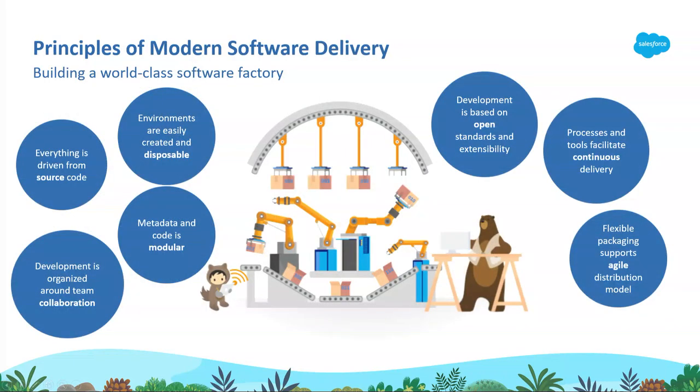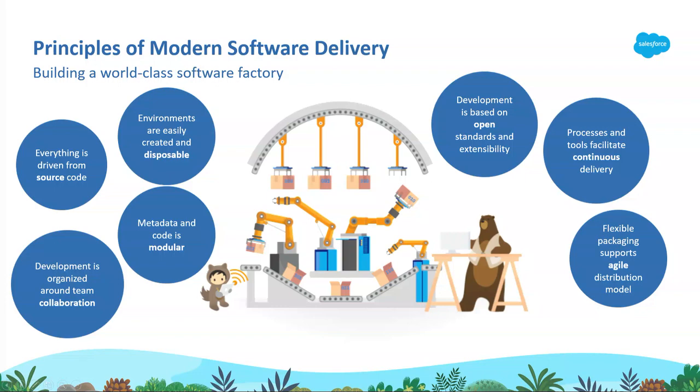All right. So let's talk quickly about modern principles of software delivery. Some of the key aspects of the way that we should be coding or architecting our code is that we want to make it modular.